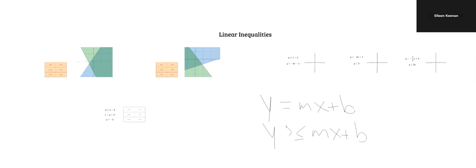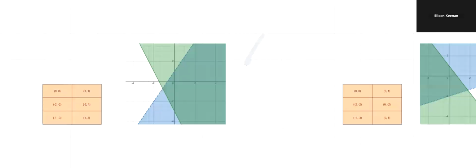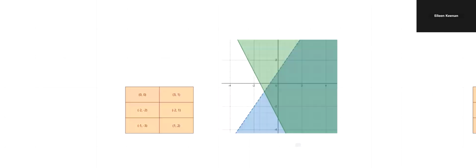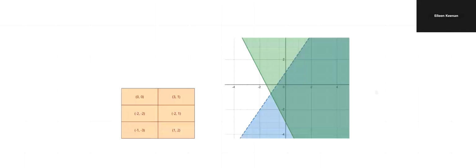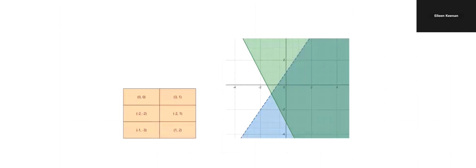So let's take a look at this linear inequality graph right here. You'll notice some things in this graph. It's lines, but it looks a little bit different, right? We have a dashed line. One of these is dashed and one of these is solid. Another thing too is that there's shading on the graph. There's shading right here below this line, and there's shading right here above this line, and they overlap right here.